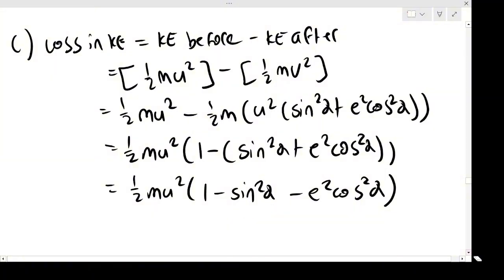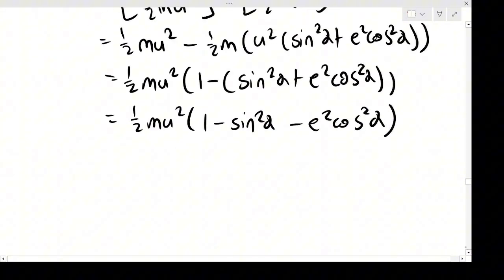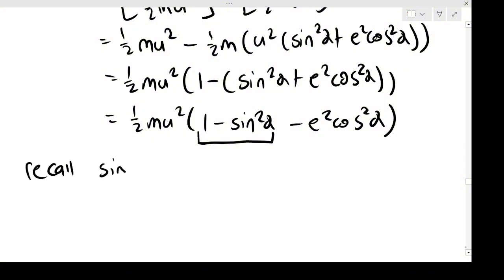So I need to get rid of sine. Now, what identity involves sine squared? If you look at this 1 minus, hopefully you remember that the identity is sine squared and cos squared is 1.